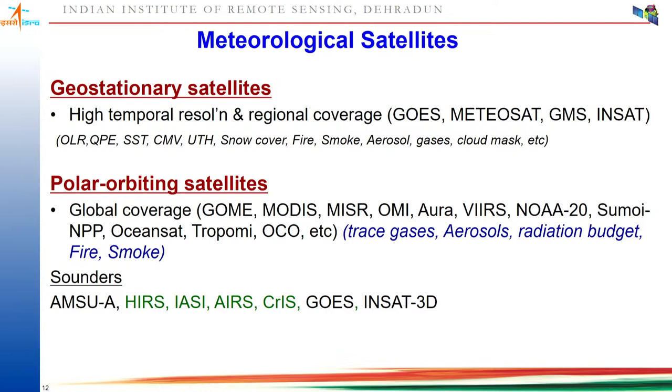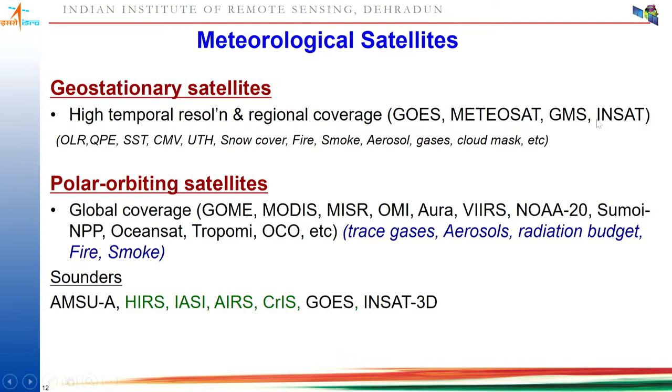The geostationary platform gives high spatial and high temporal resolution. These are GOES, Meteosat. The US has the GOES series, Europe has Meteosat, Japan has GMS, and India has INSAT. Different series of INSAT satellites have been launched, like INSAT 2E, INSAT 3D, INSAT 3DR.